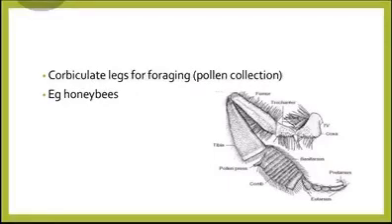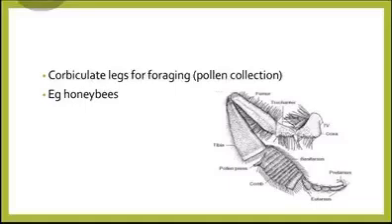All the pollen grain which sticks to the antenna is rubbed off and collected by the spur of the foreleg. But the middle and hind legs are modified for pollen collection.